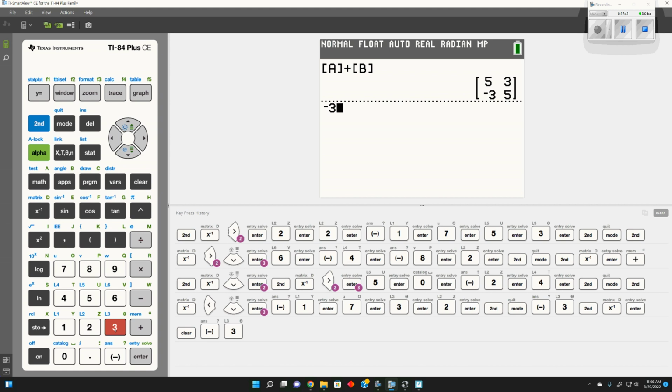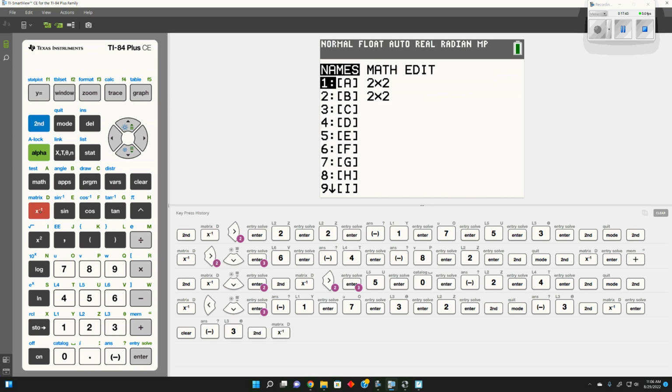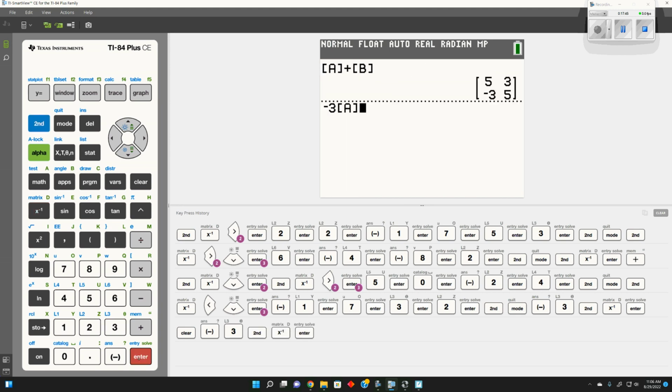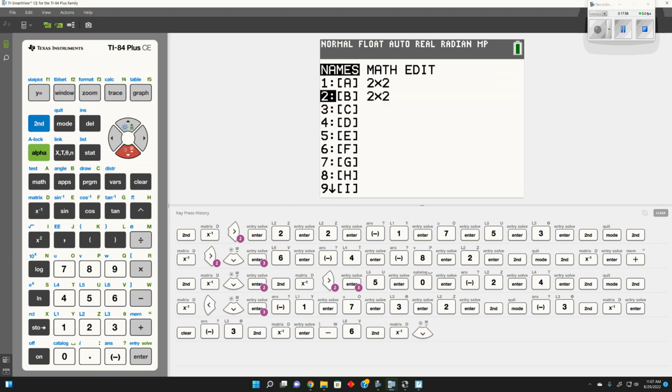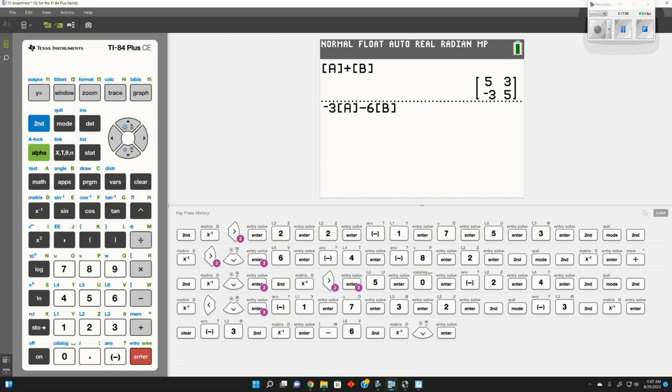So negative 3, and then we can say second matrix A. Then we could say minus 6, and then call up matrix B, and hit enter.